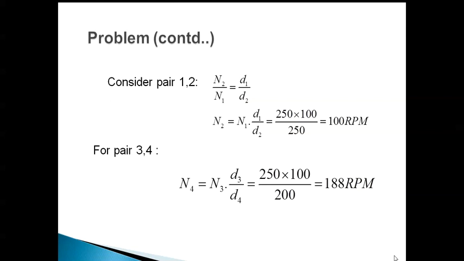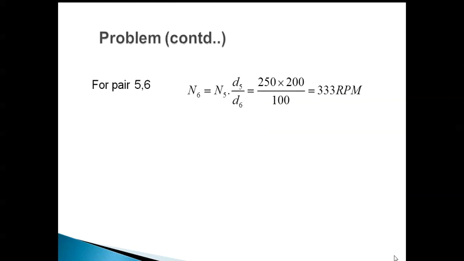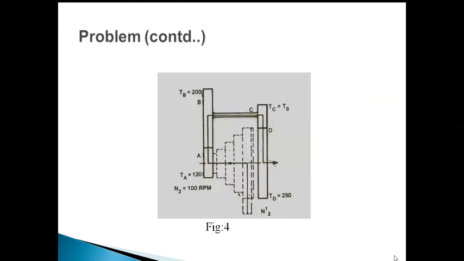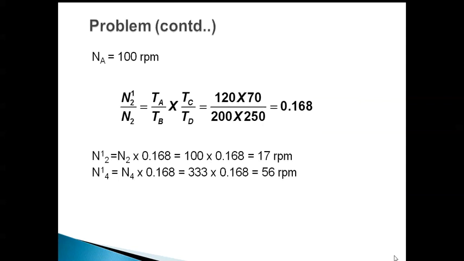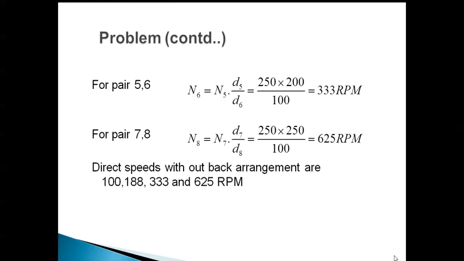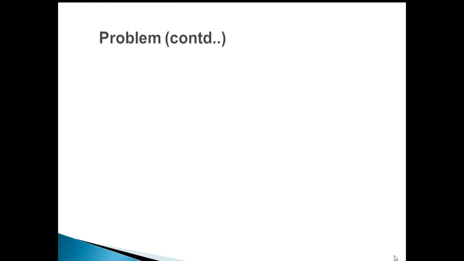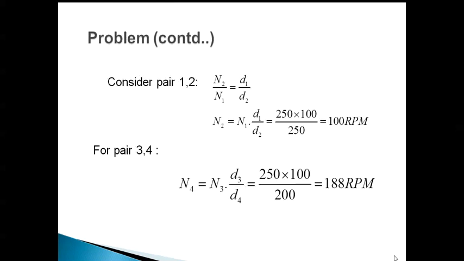By engaging the back gear, we got 17 rpm. For the second pair, without back gear it is 188, with back gear it is 32.